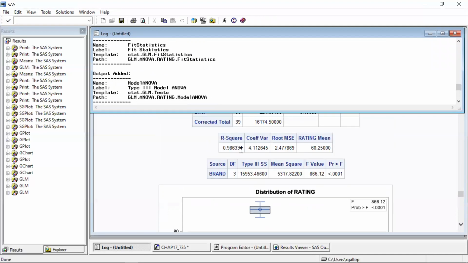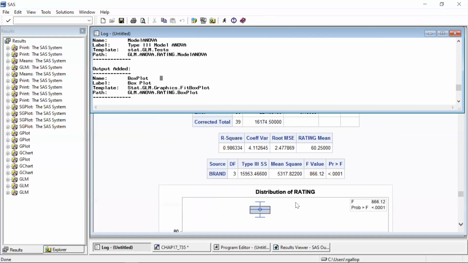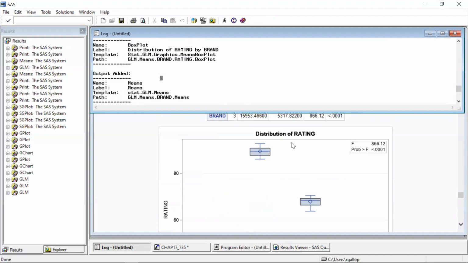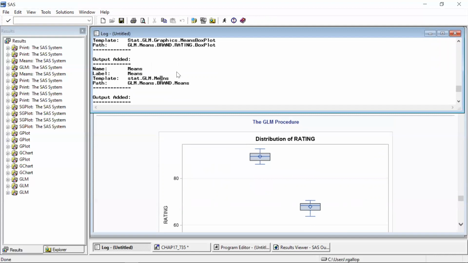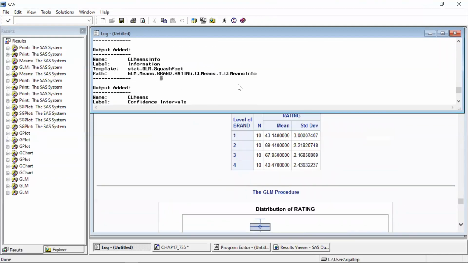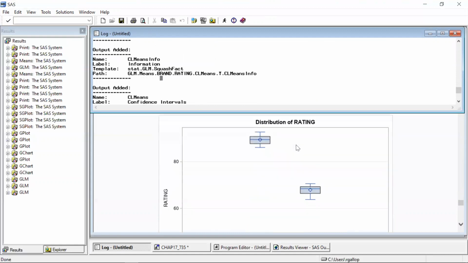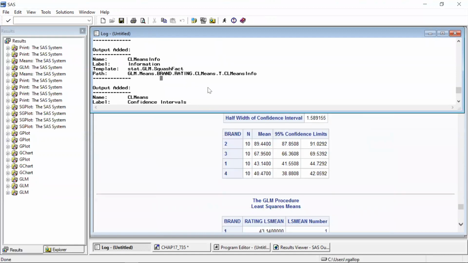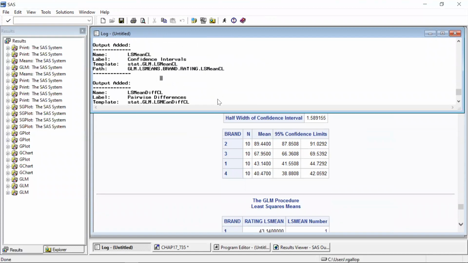The model ANOVA, the type 3 ANOVA, that portion of the output. The box plot to a figure. The other box plot to a figure. The means, the confidence level for the means information. So all this stuff can be sent to a data file.